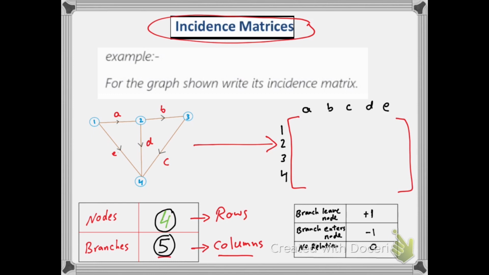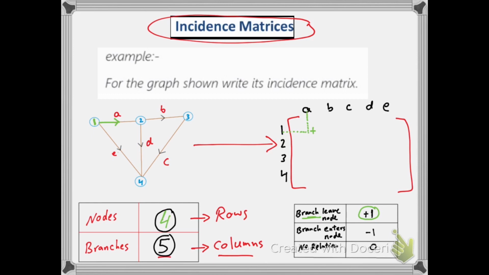Now let's complete the items of the incidence matrix. First, I will check the relation between the branch A and the node 1. Here, as you can see in the graph, the branch A leaves the node 1. When the branch leaves the node, I will take the value 1.